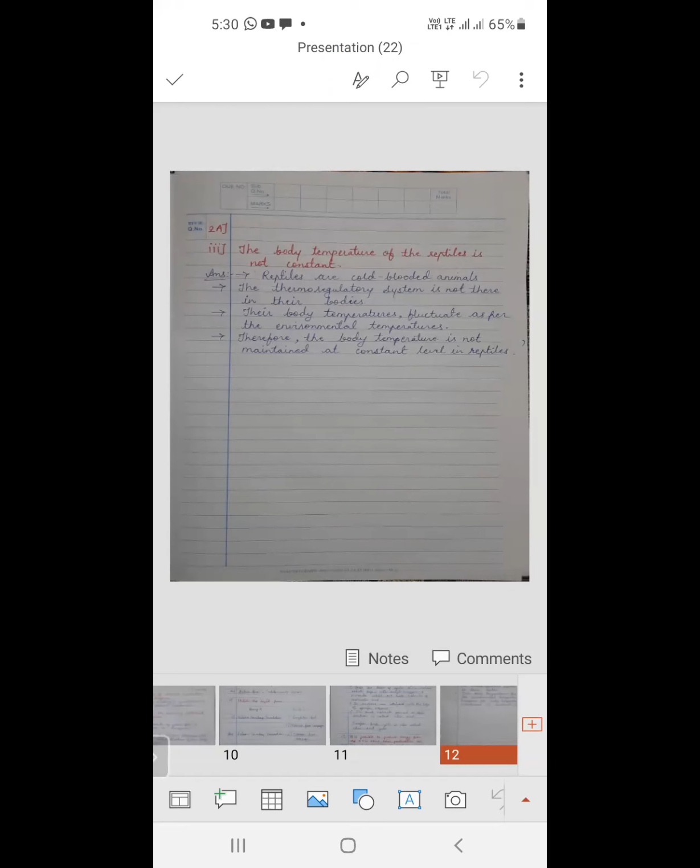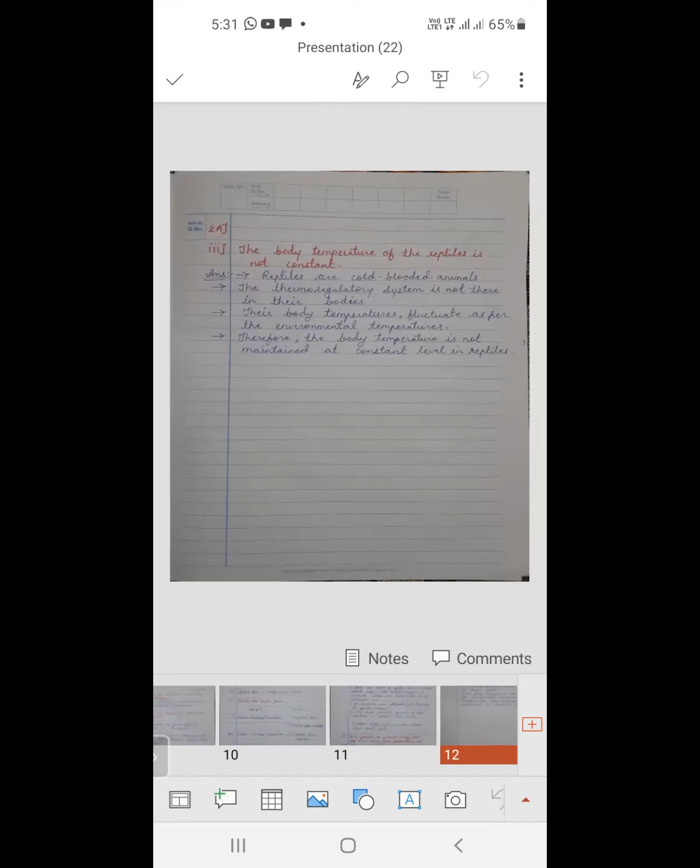If the environment is hot, then their body also reacts, and its body temperature also increases. Therefore, the body temperature is not maintained at a constant level in reptiles, as they are cold-blooded animals and they don't have a thermoregulatory system.